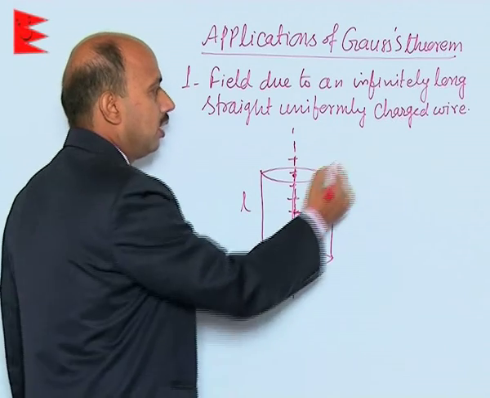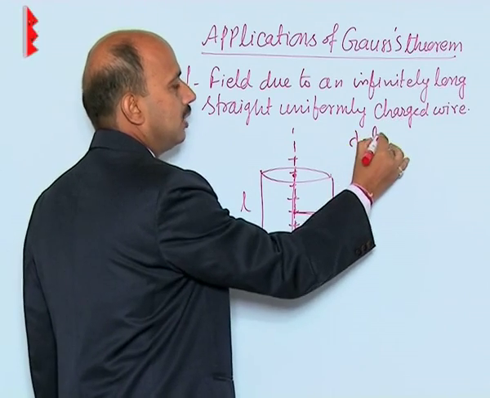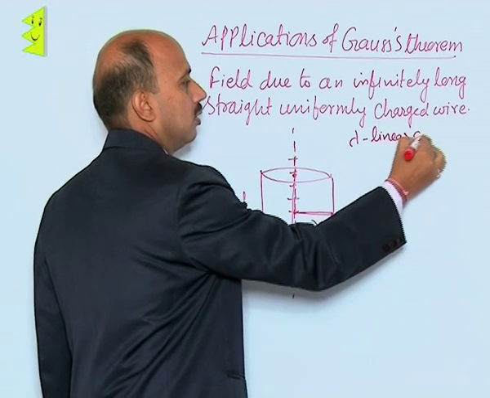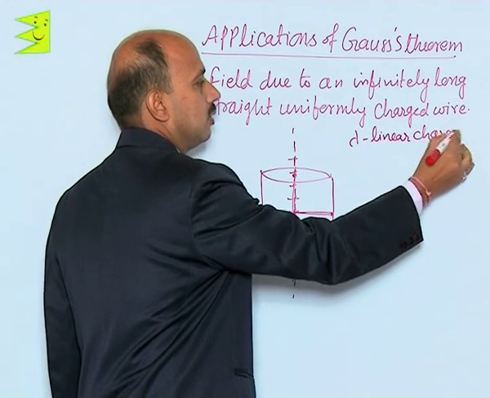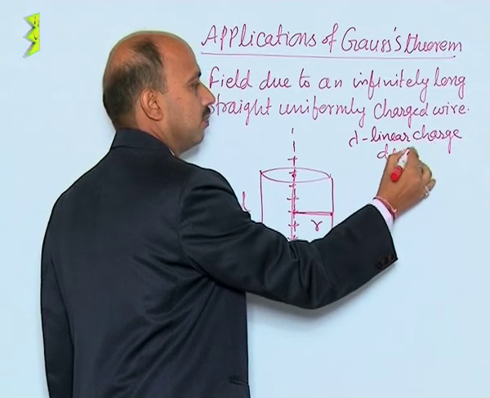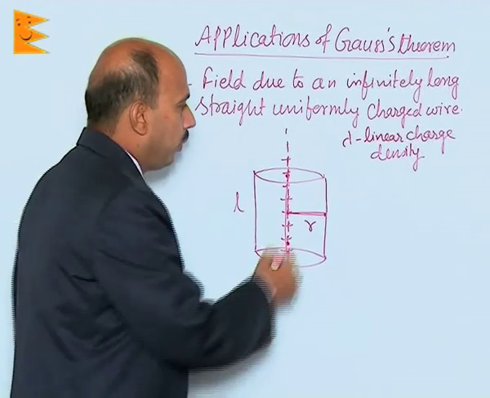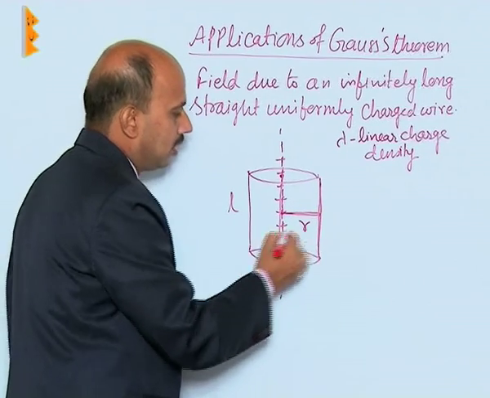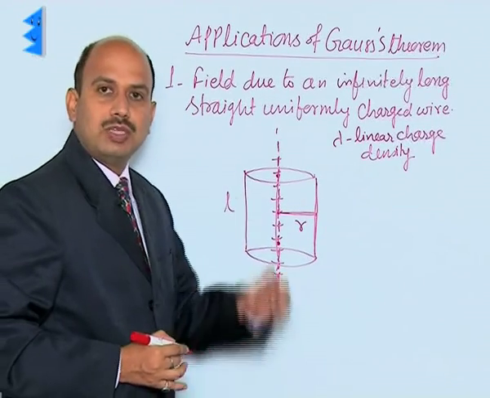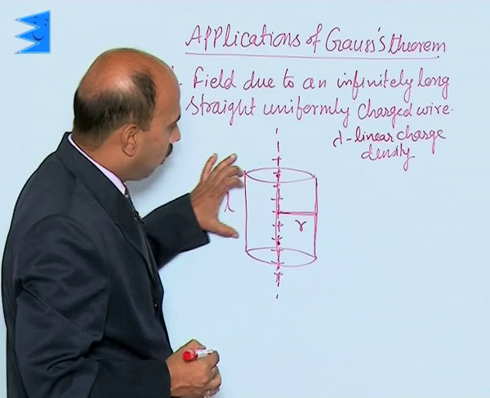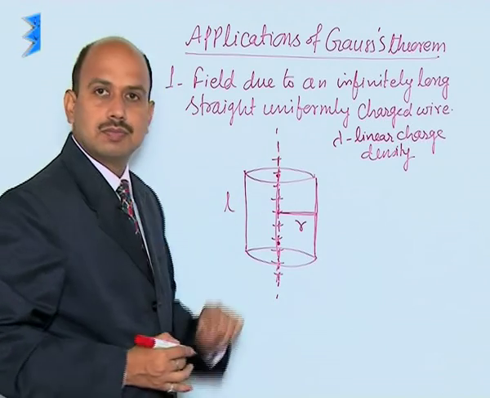Let lambda be the linear charge density. So we have drawn a Gaussian surface which is enclosing L length of this charged wire.